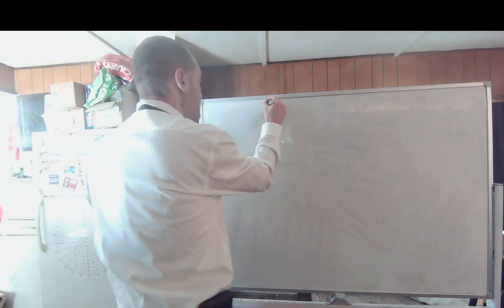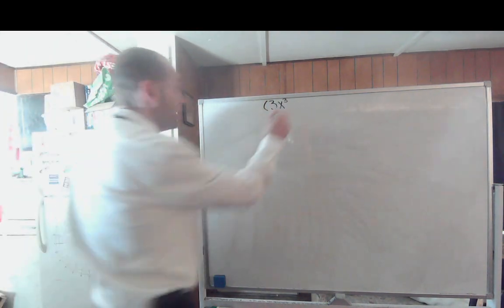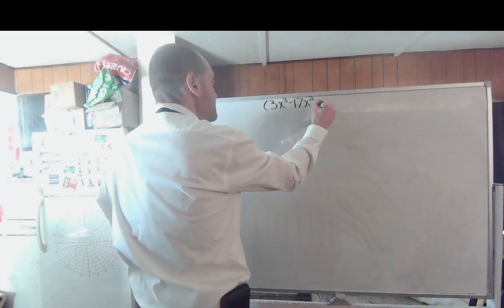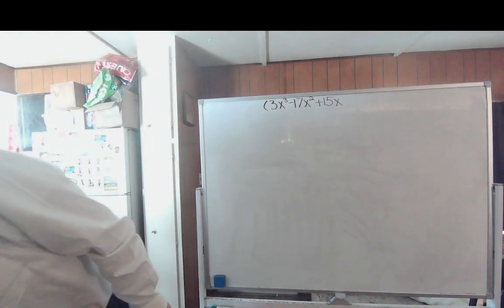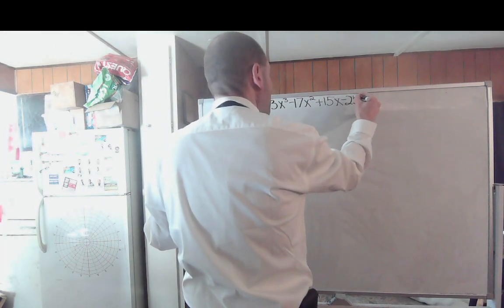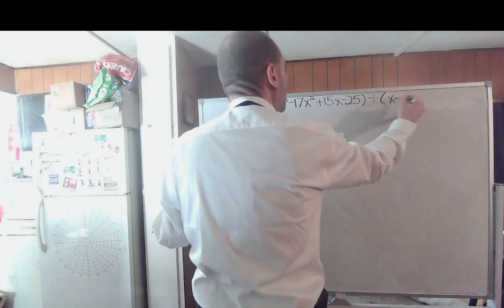So let's say we have something like 3x to the third minus 17x squared plus 15x minus 25, all that divided by x minus 5.